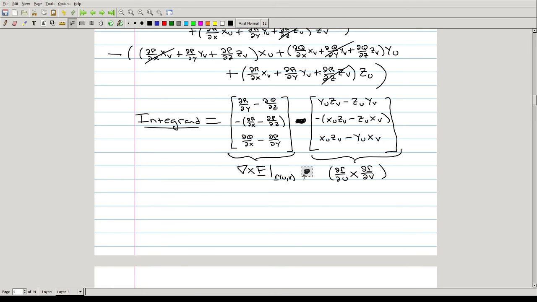So this is exactly our integrand. Our integrand is the curl of F dot product with this vector right here, which you'll remember is the non-unit, but it's normal vector to the surface.